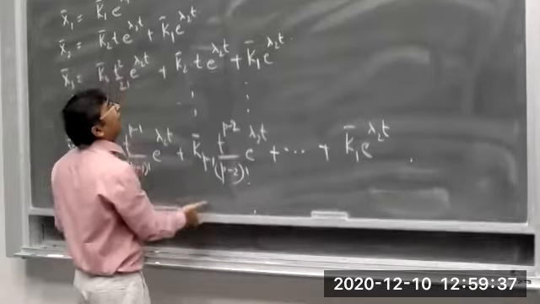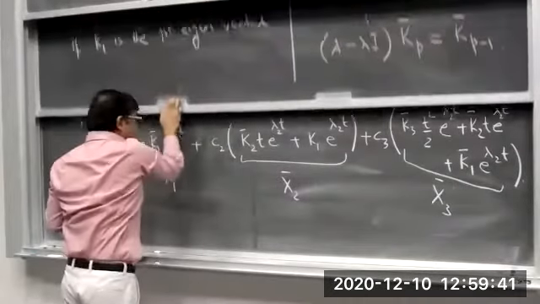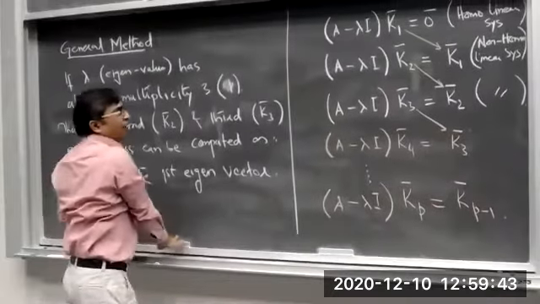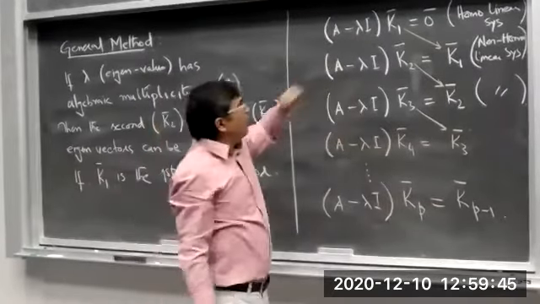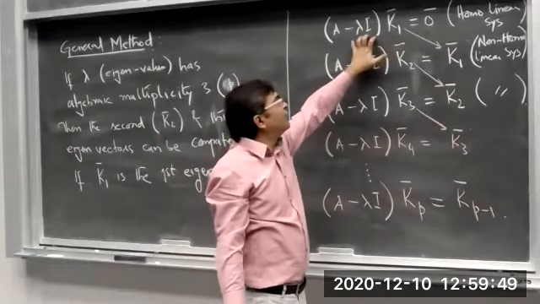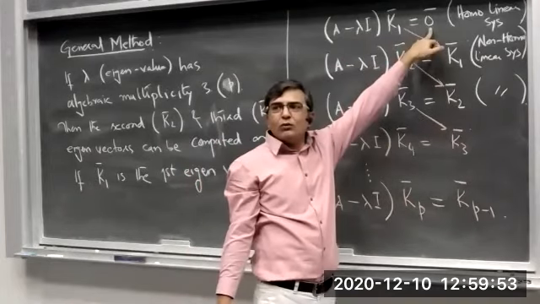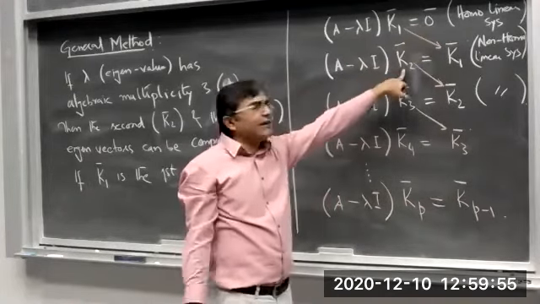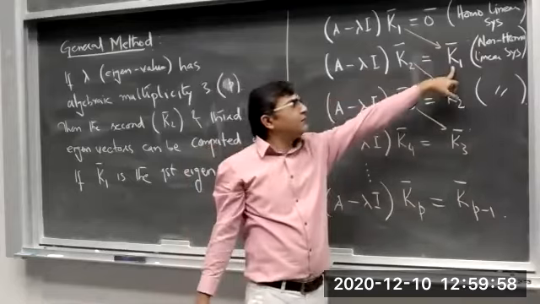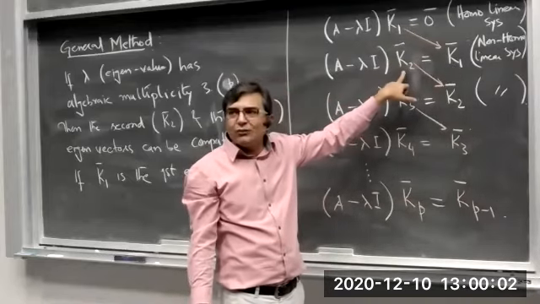Eigenvectors find करने के लिए, I gave you this formula. This is basically the procedure. First eigenvector, we'll find in a similar way by using this homogeneous linear system by putting it equal to 0. Second eigenvector के लिए क्या करेंगे? We put here the first eigenvector in order to find the second eigenvector.